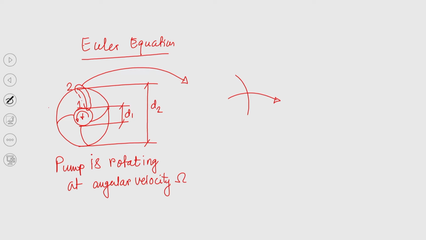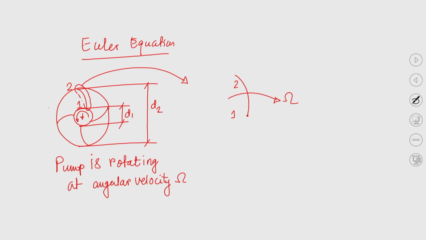So, this is say omega, right, and this point is basically 1 and this point is basically 2. That is what we have discussed, 2 is outlet and 1 is inlet.